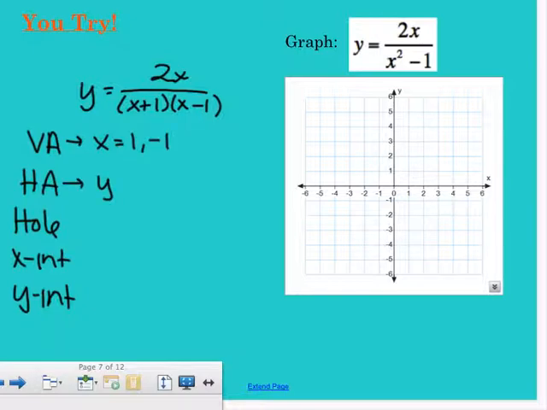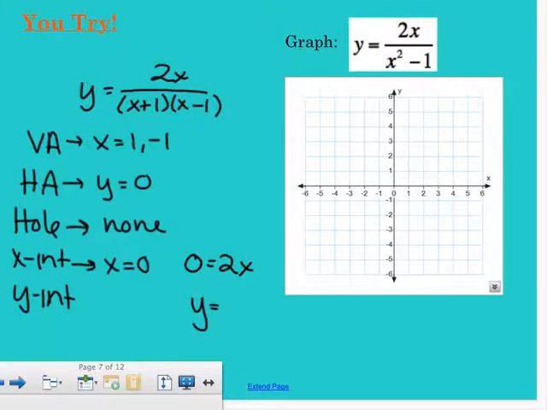Horizontal asymptote at y = 0 because the degree in the numerator is less than the degree in the denominator. You're going to have no holes because there are no factors that are the same. You're going to have an x-intercept at 0 because if you set the numerator equal to 0 and solve for x, you get 0. For the y-intercept, you will get 0 over 0 minus 1, which is just 0.